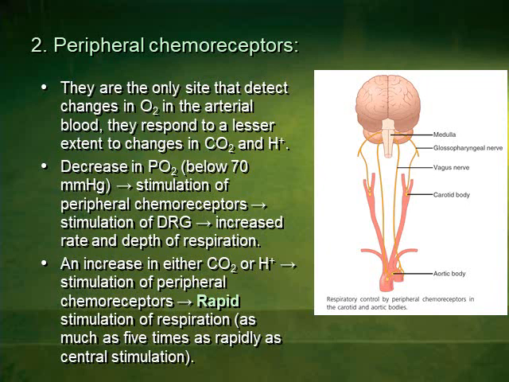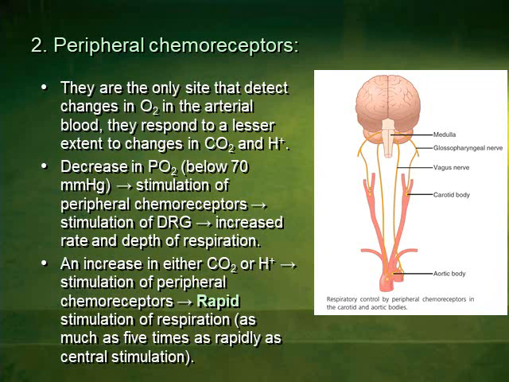This stimulation is rapid, much 5 times faster than the stimulation attributed to the central chemoreceptors, meaning the peripheral chemoreceptors will detect earlier the changes in the carbon dioxide and in the hydrogen ion concentration, and simply they act as a sort of feed forward for the central nervous system to deal with the rise in carbon dioxide and hydrogen ion concentration.